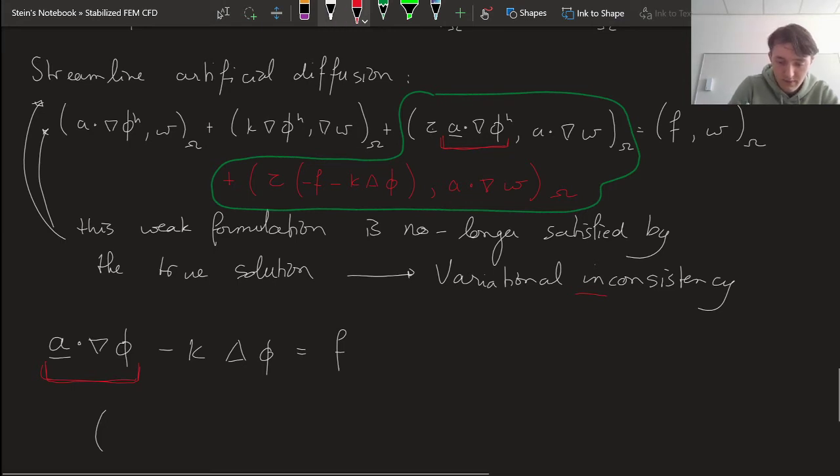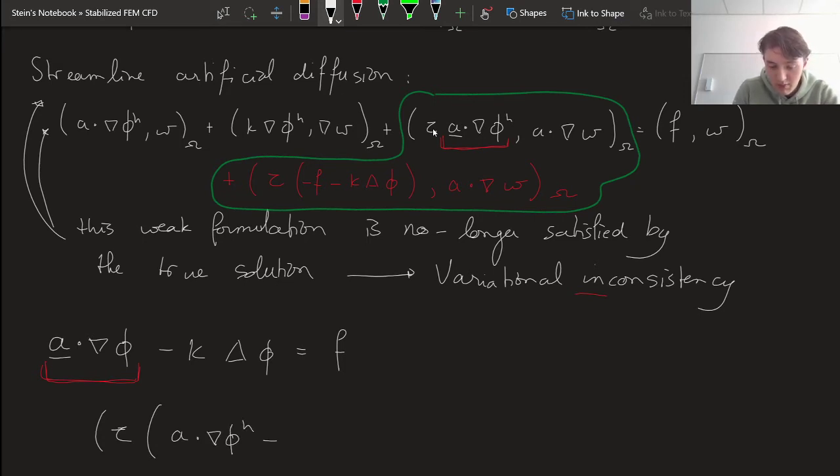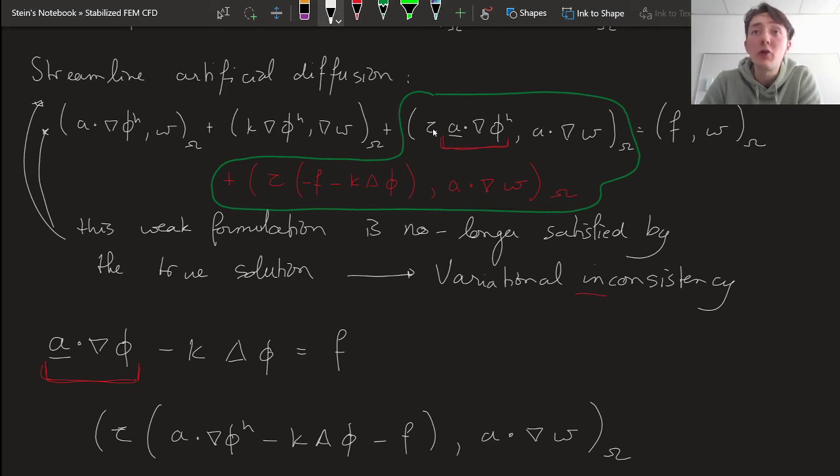Okay, so then they'll be of the following form. They'll be of the form tau times a dot gradient phi h minus kappa Laplace phi minus f, a dot gradient w. And maybe I should again highlight here, I'm using again the notation where we're simply replacing all our integration symbols by these L2 inner products, right? I hope that was clear, where the subscript omega means that we're performing an L2 inner product on the domain omega.